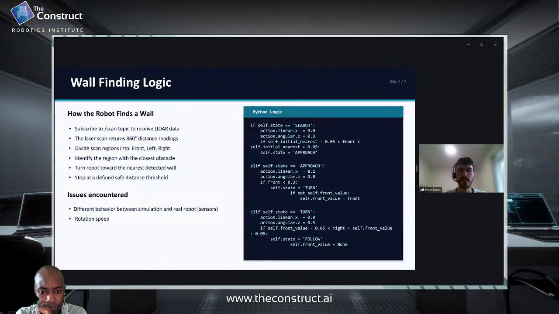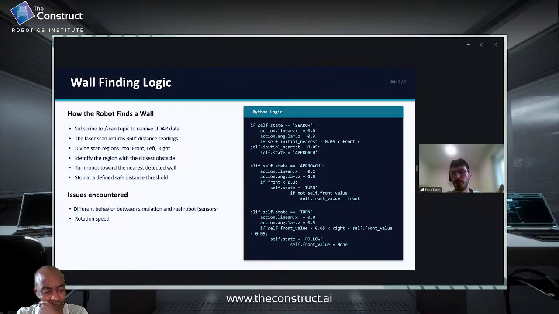For the wall finding logic, basically it splits in three parts. The first one is that the robot is looking for the nearest wall. To do so, it uses its scans to see where is the lowest value, which means that an obstacle is the closest.